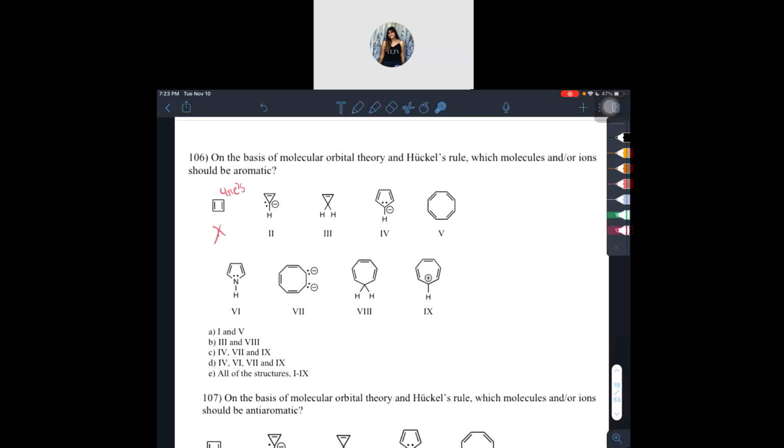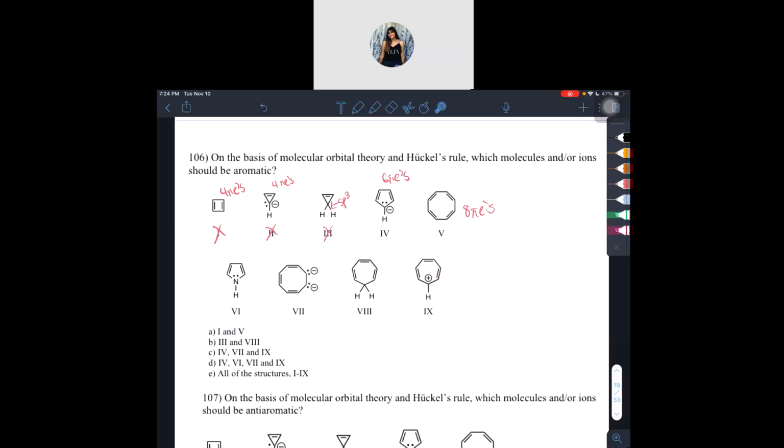This guy here is a little funky, but I do believe it's going to be sp2 hybridized throughout, and we will have 4 pi electrons as well, meaning that guy is not going to be an answer choice. This guy here is sp3 hybridized, so we know that is not it as well. And then this guy here, we have 6 pi electrons. This guy here, we have 2, 4, 6, 8 pi electrons.